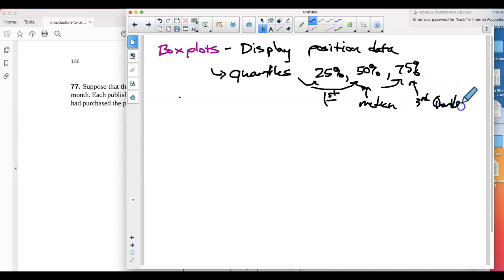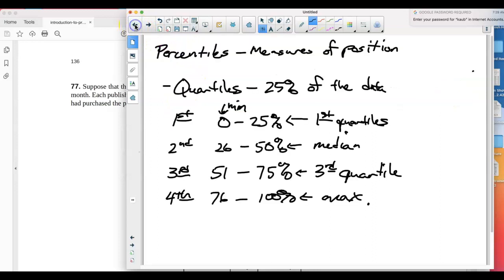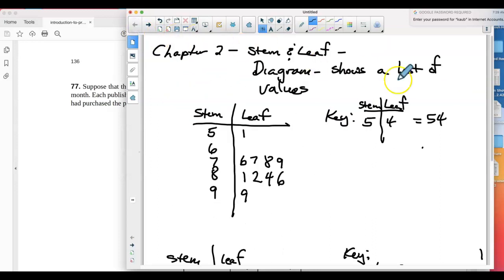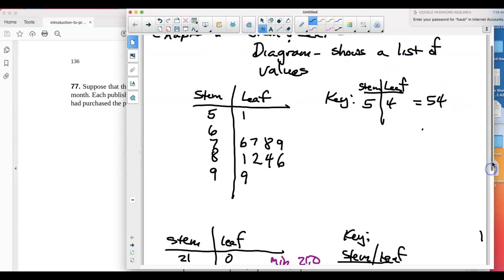Now we found these in a previous example, so we're going to use that previous example to graph or display this data. So we're going to look back at our previous example from the last video, and we have our quartiles listed here.